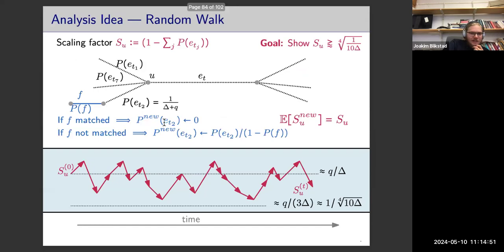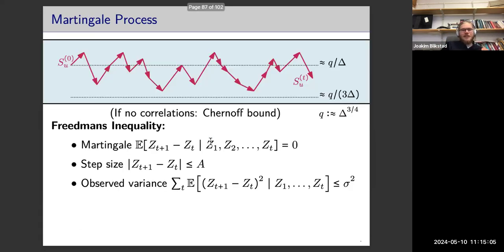Most steps are very small, but these steps are a bit bigger, and there's only delta of these bigger steps up here, while there can be delta squared small steps. So we need a more fine-grained concentration inequality, which can handle these differences in step sizes.